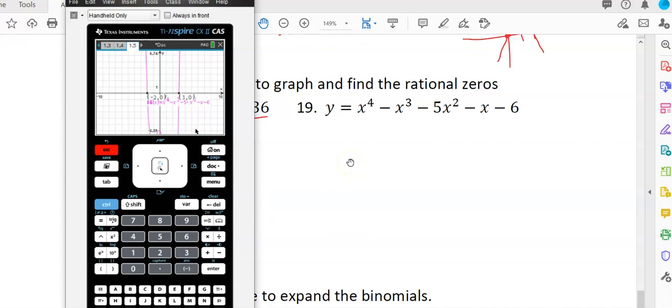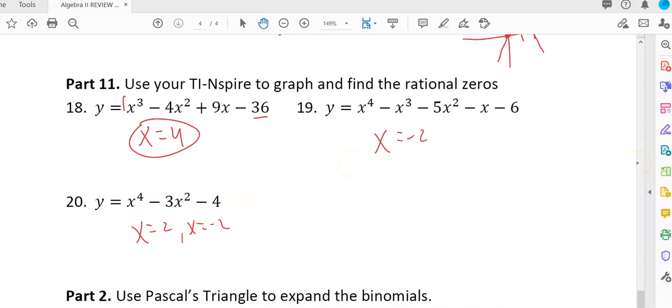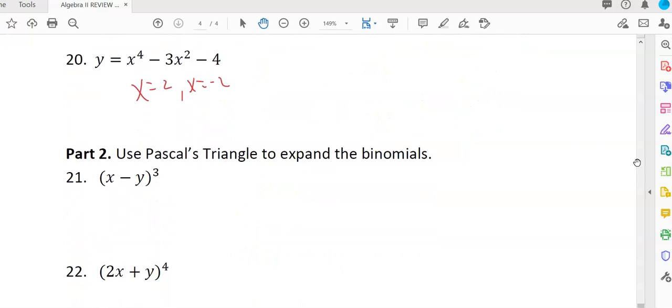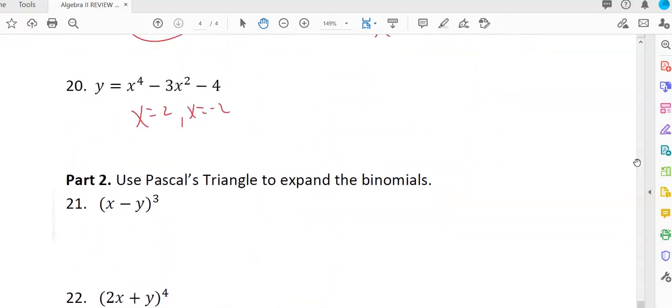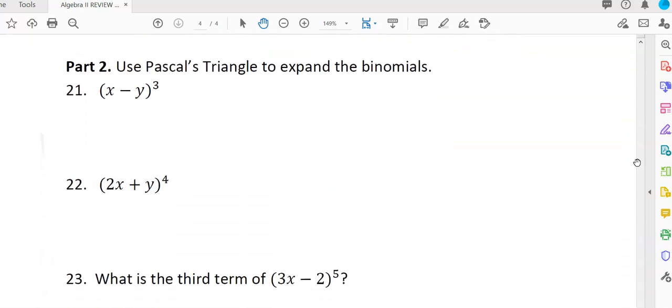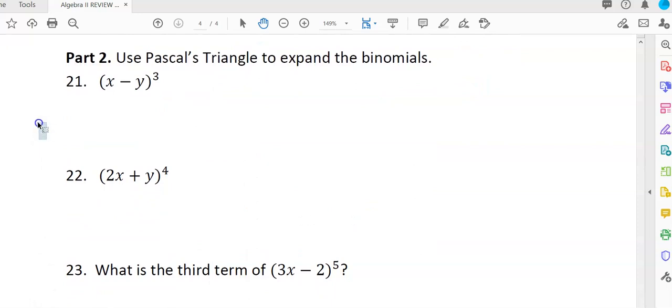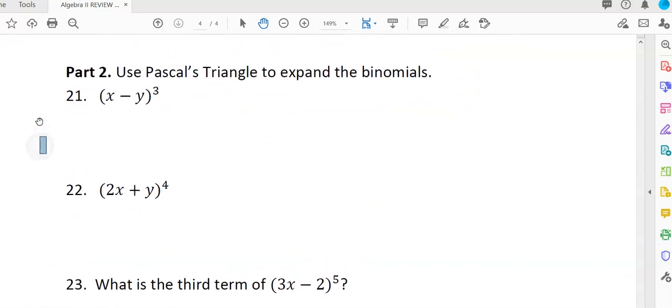So x equals negative 2 and x equals 3. That's all it said, just find the rational zeros. If it crosses at a number like 2.587, you're like, that's not rational, because it's probably a rounded number on there.